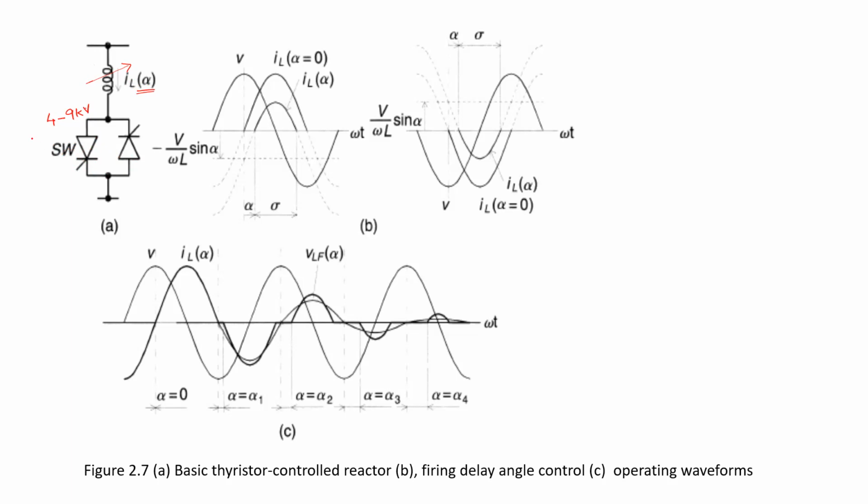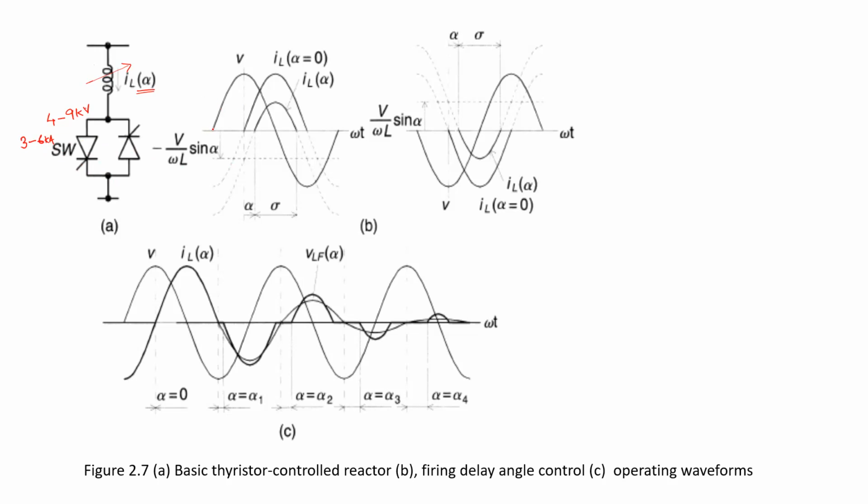Similarly, one thyristor may handle up to 3 to 6 kiloamperes. So as per the current rating, we connect a number of thyristors in parallel, and the total is called a thyristor valve.